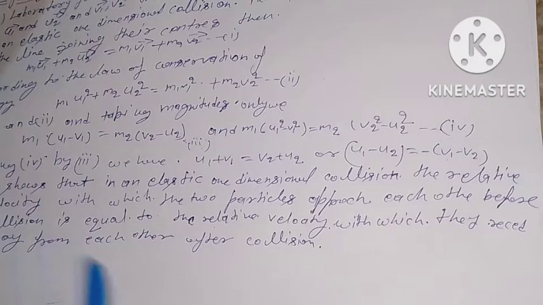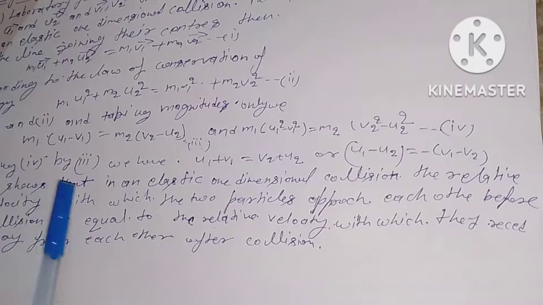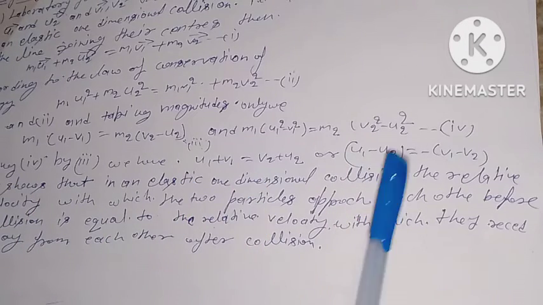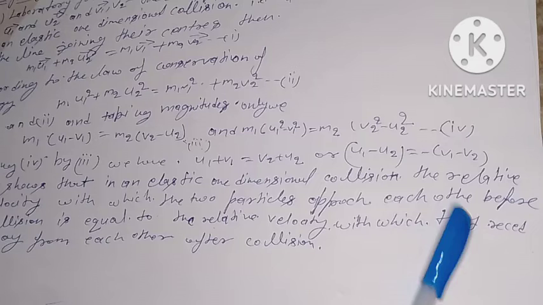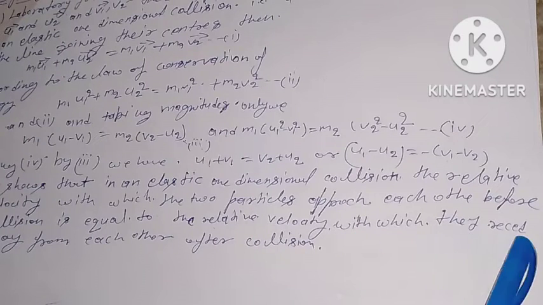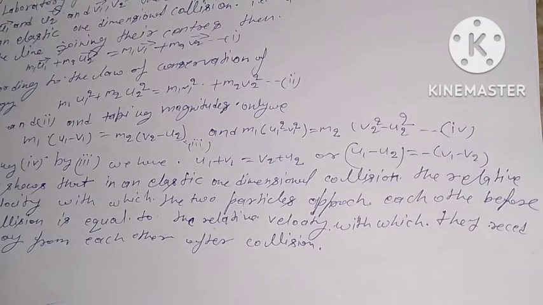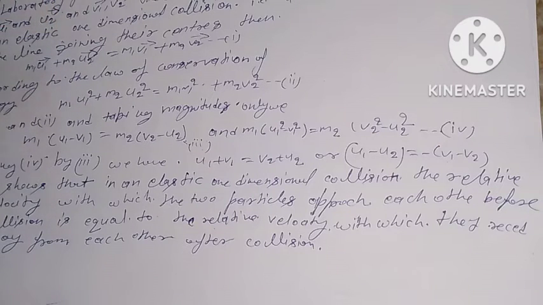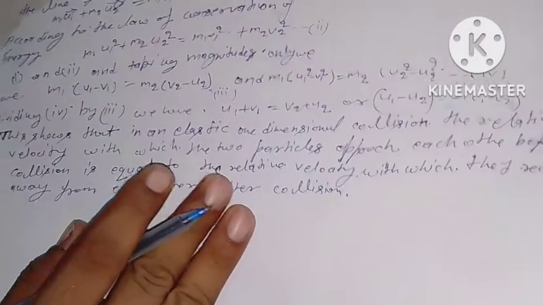This shows that in an elastic one-dimensional collision, the relative velocity of approach before collision is equal to the relative velocity of separation after collision.